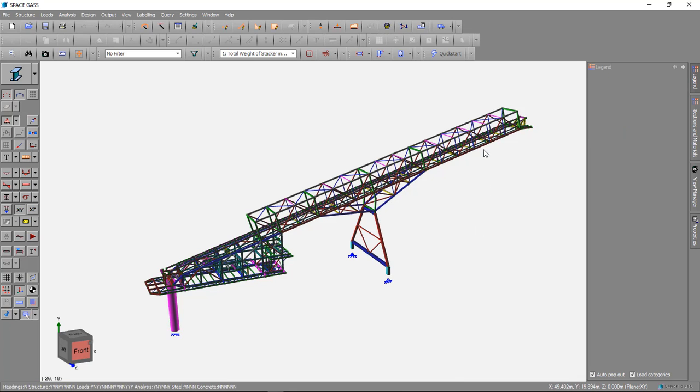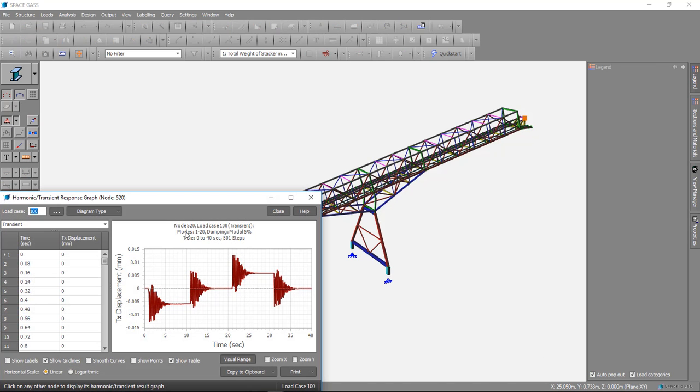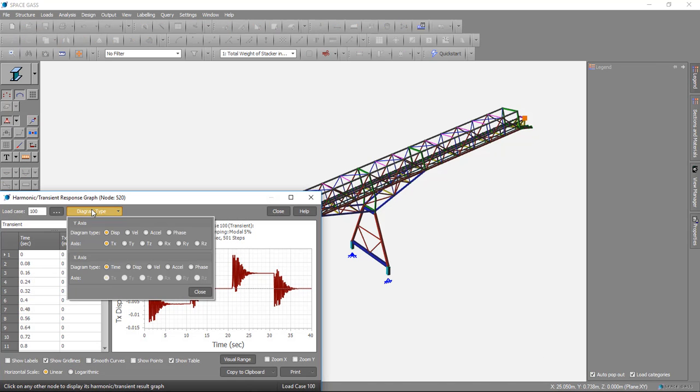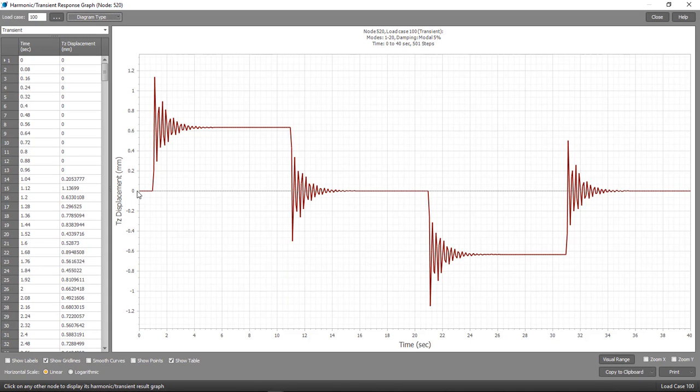So just looking at the displacement of one of these nodes at the tip, we're interested in the Z displacement here, and I'll just enlarge this. So here you can see the node is at equilibrium. Then we apply the acceleration, so it bounces around a bit and then reaches a deflection of 0.6 millimeters, not very much.